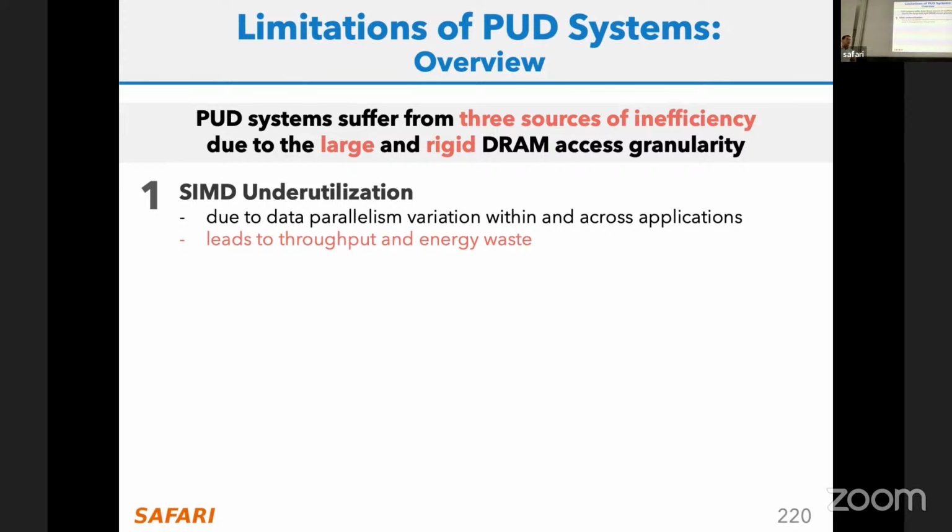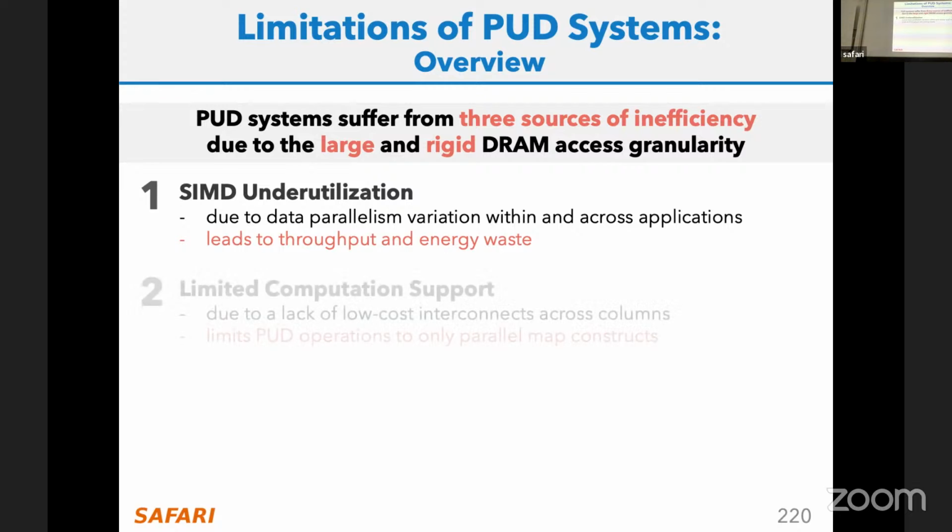But what happens with real applications is that often you don't have 8 kilobytes worth of data to compute the addition with a single operation. So what we end up doing is padding the remaining portions of the row with zeros, so that we can fit the data inside the DRAM row itself. This causes underutilization of the processing-using-DRAM engine, which leads to throughput and energy waste.